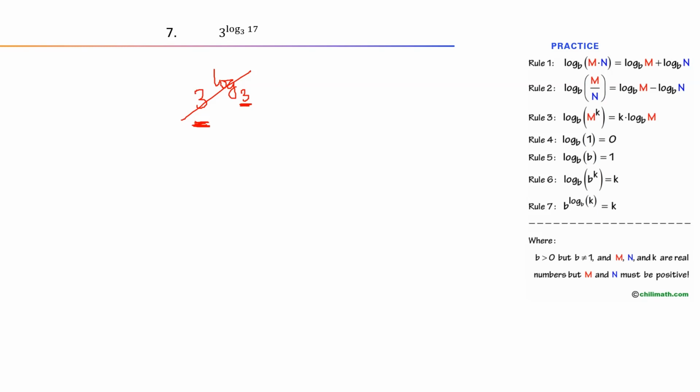So exponential and logarithm functions are inverse functions, so that will cancel out, and we are left with 17. In this case, we use rule number 7, and b is 3, k is 17.